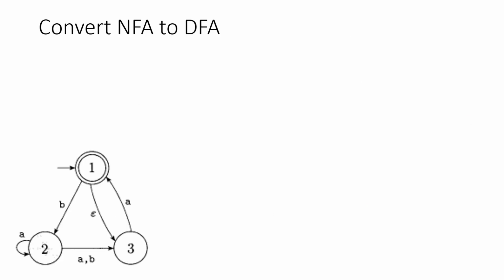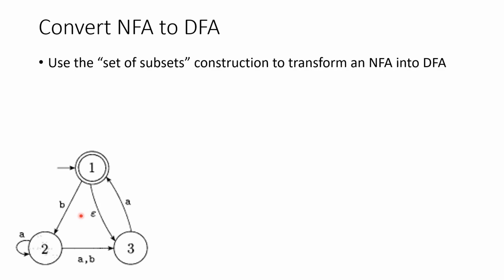In the previous lecture, we learned how to convert from a regular expression to an NFA. Now we will learn how to convert from an NFA, such as this machine, to an equivalent DFA. We can use the subset construction to transform an NFA into an equivalent DFA.